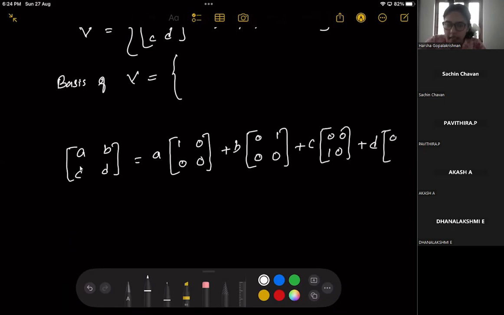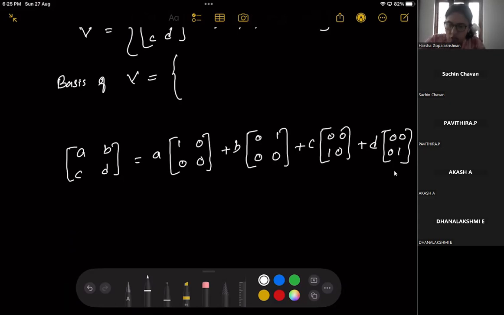I am writing [A, B; C, D] as the linear combination of 4 matrices. Here the first matrix covers all matrices which have the first entry non-zero and all others 0. The second covers all the matrices in V whose 1, 2 entry is any real number.